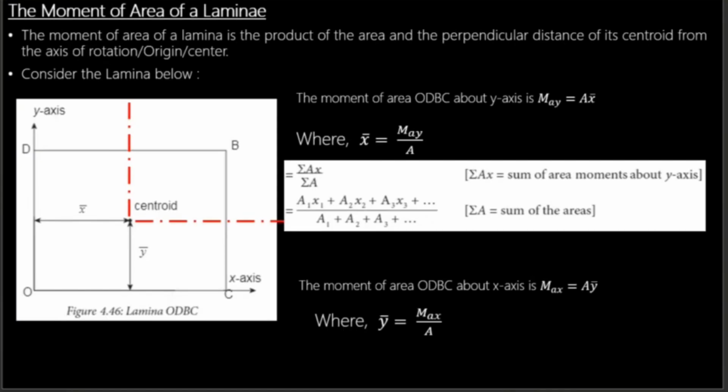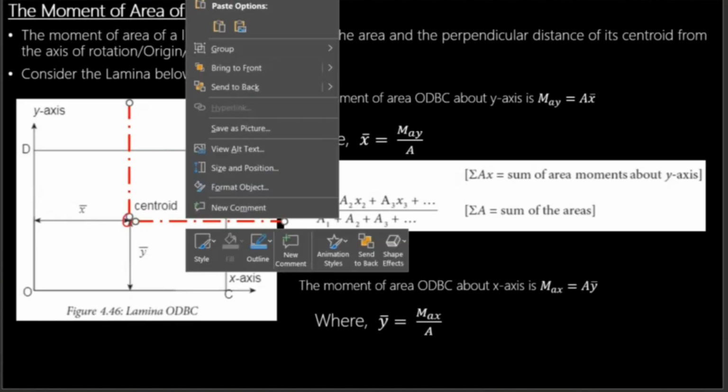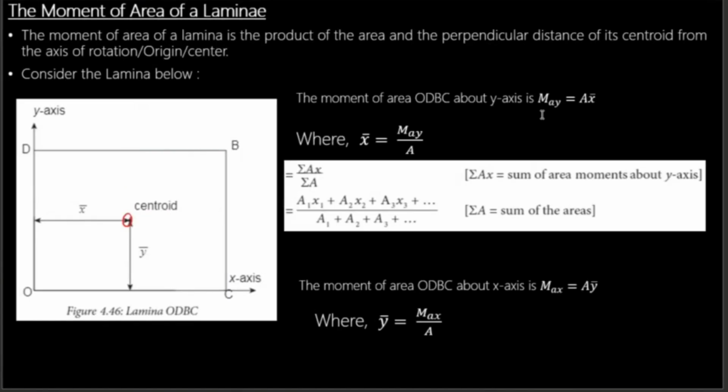Now, this is the area where I'm going. How do you determine the centroid? You can see the centroid is the point in the middle there. I'm going to remove this axis of rotation, and I'm still going to put it back. Now, the centroid is the center. We have X bar and Y bar.